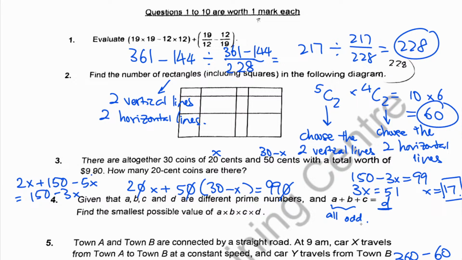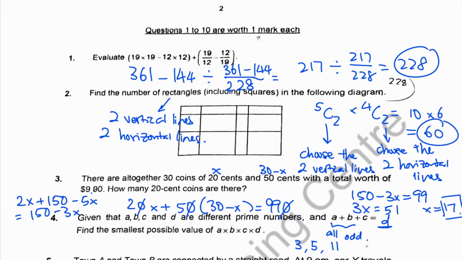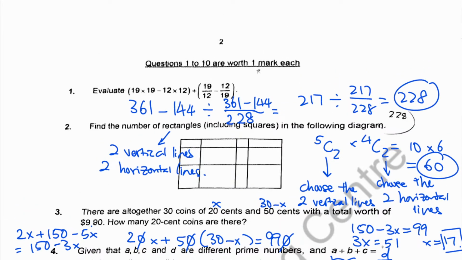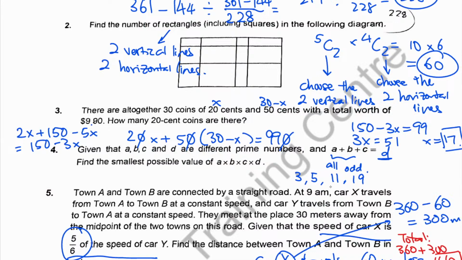This means we try and choose as small as possible, 3, 5, and 11, because 3, 5, and 7 doesn't work, it will give you 15. So 3, 5, and 11 will sum to 19, and these are your 4 primes. 3 times 5 times 11 times 19 is equal to 3135.